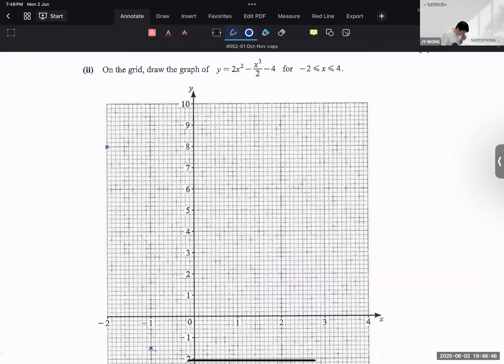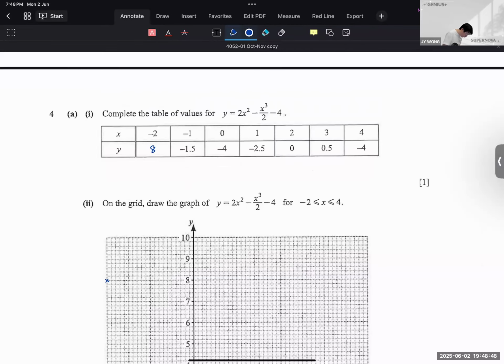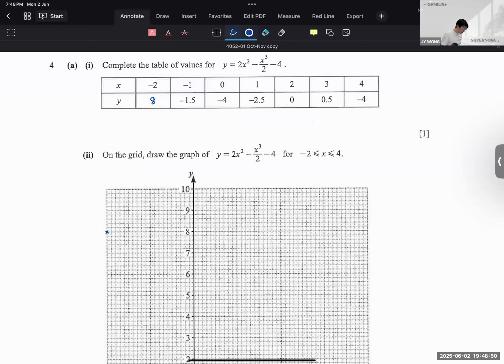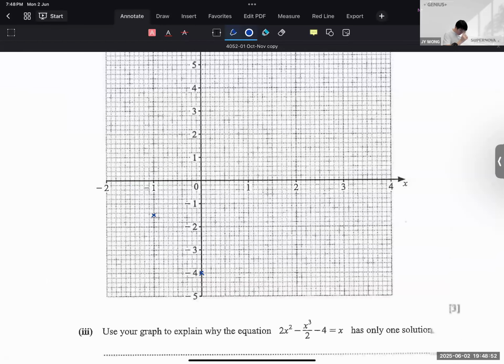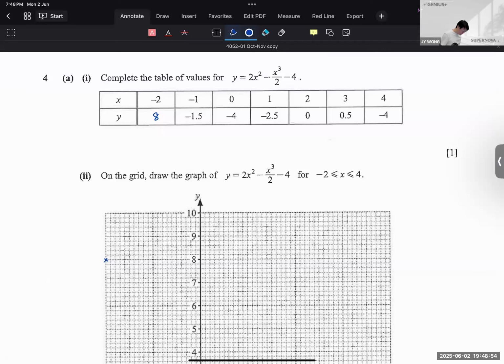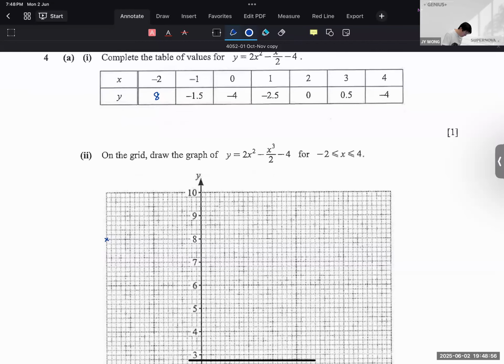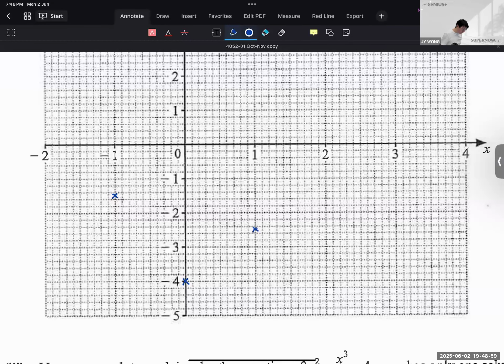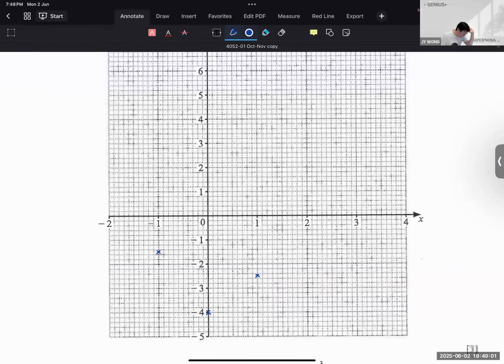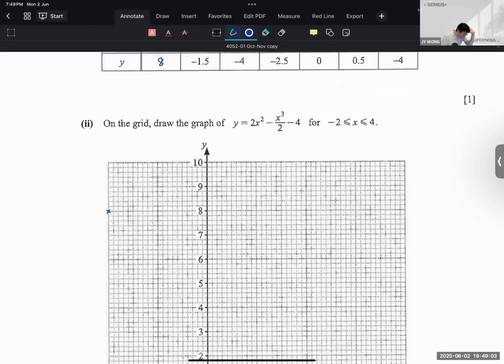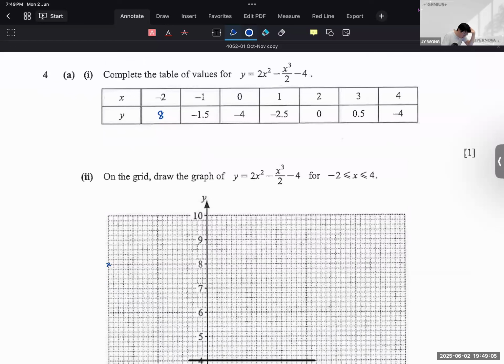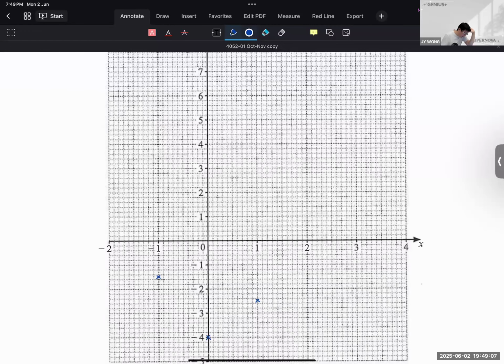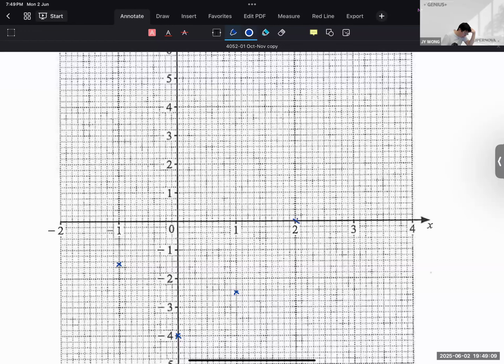Then when x is 0, y is -4. So it continues dropping further. Then when x is 1, y is -2.5. And then lastly, when x is 2, y is 0. Then when x is 3, y is 0.5.